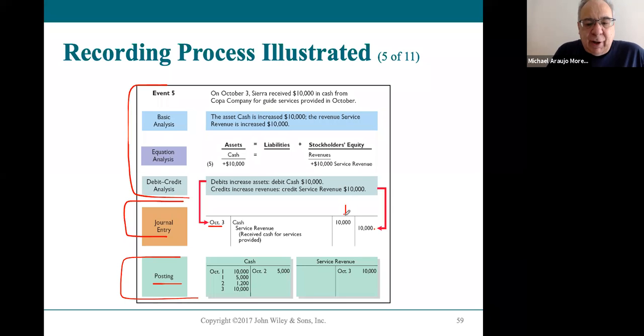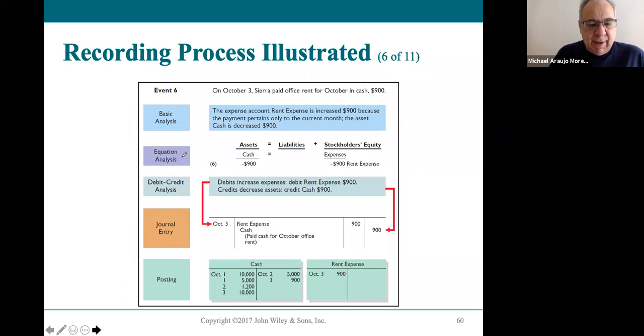So this $10,000 debit to cash would be posted on the debit side of the cash account. This $10,000 credit to service revenue would be posted on the credit side of the service revenue account. Okay. So now what's the balance in cash? Well, the balance in cash would be $21,200 debit balance because the debit side is larger than the credit side by $21,200. Okay. That's the balance.